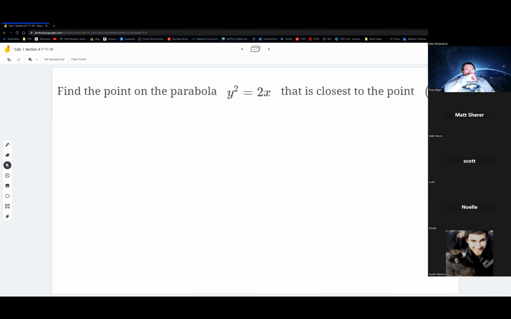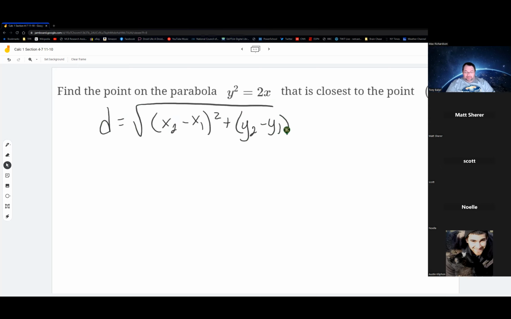Is it the distance formula? Yeah, we're trying to minimize distance. So my distance formula was... that's my distance formula.